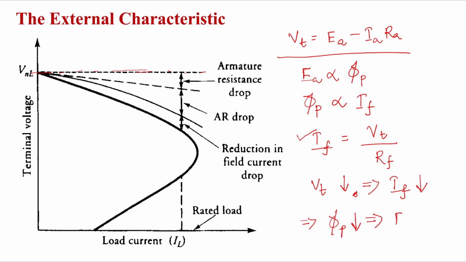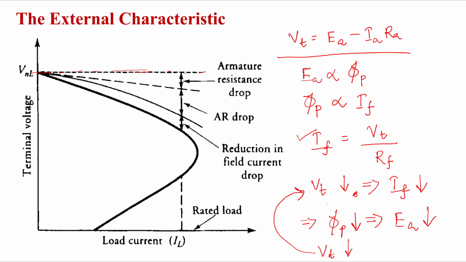Phi P reducing means EA will reduce. EA reducing means again Vt will reduce. Again it will come to this, so this is a loop. If this phenomenon continues, then what will happen? There is a voltage collapse. Suddenly the voltage across the terminal will become zero.